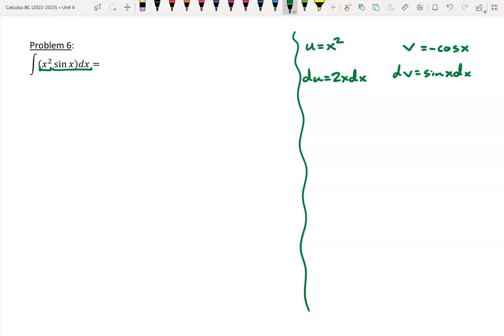Okay, so I'm going to go ahead and say that my integral here would then be equal to uv. So it'd be x squared, or rather I have the negative on the cosine, so I'm going to pull that out front, negative x squared cosine of x minus integral v du, so that'd be negative cosine of x times 2x dx.